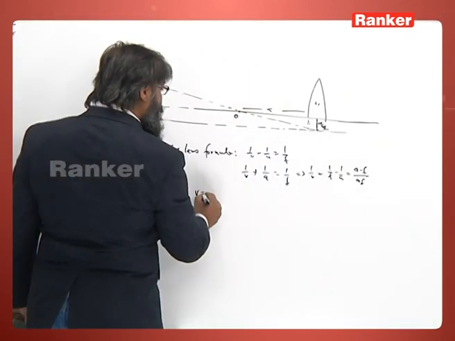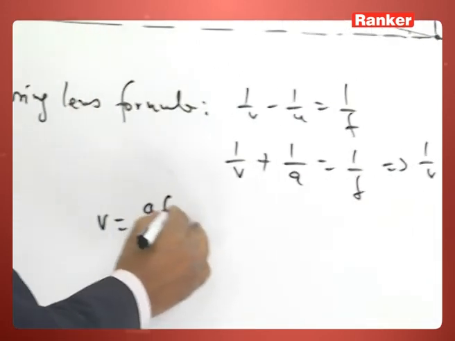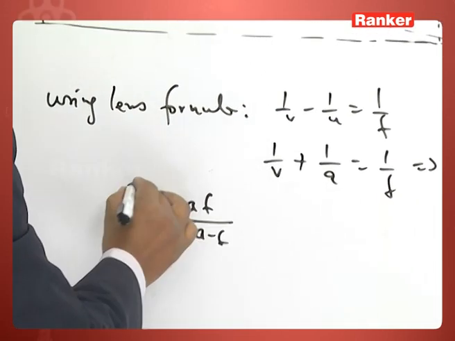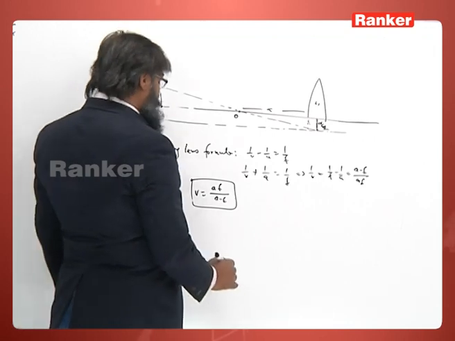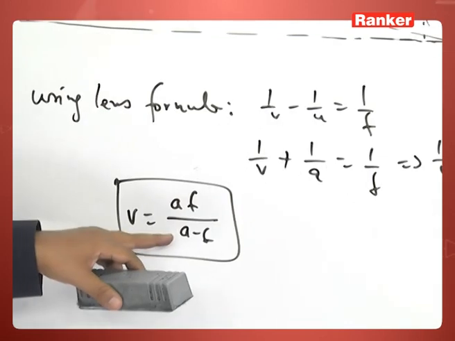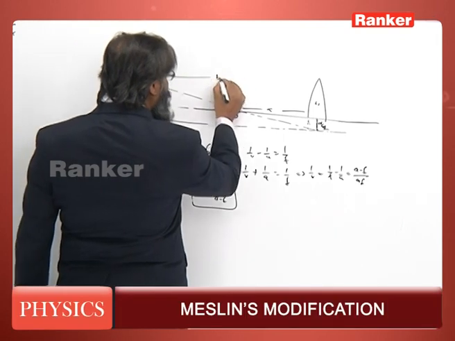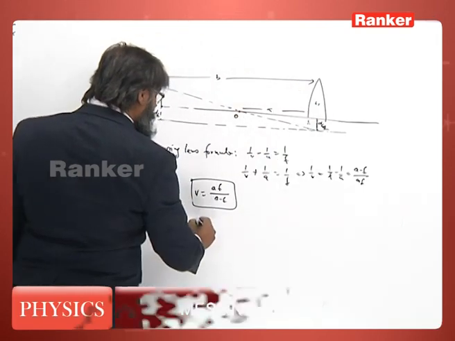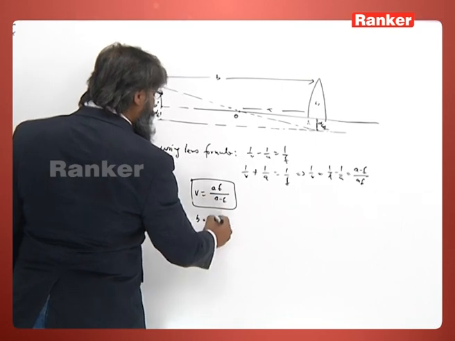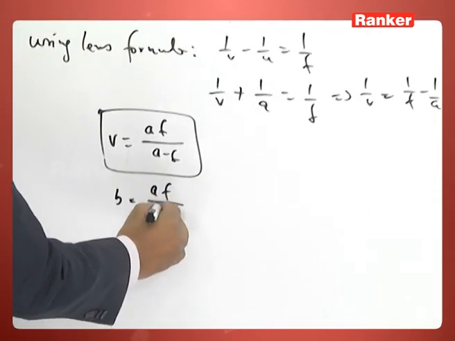So we have V equal to AF by (A minus F). V is negative, so let us call this distance B. So B is negative, and we write that B is FA by (F minus A).